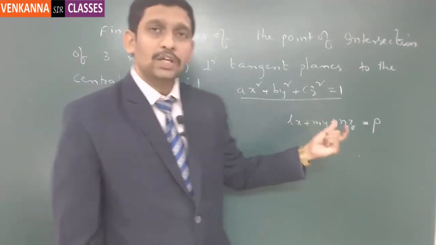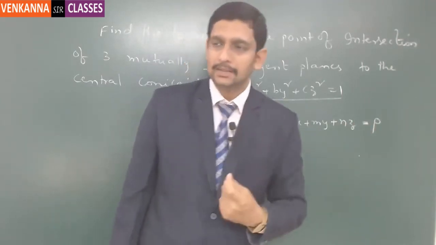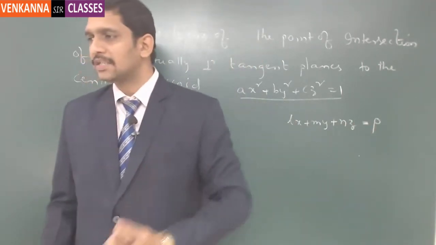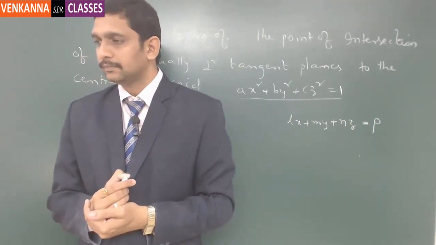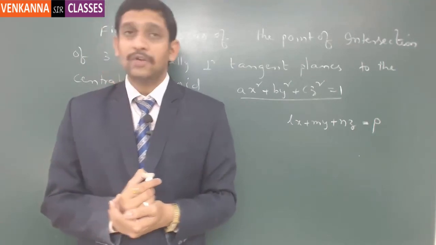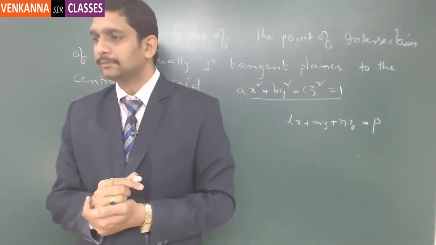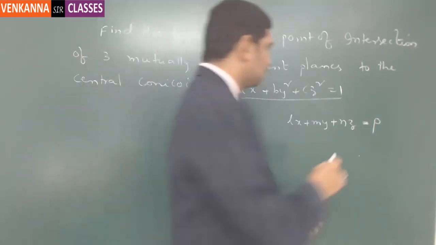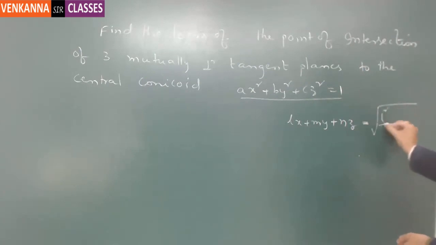And obviously, we got an expression for P also. Can you recollect? How do we calculate the distance P? I have given a formula: P is the square root of L square by A plus M square by B plus N square by C.